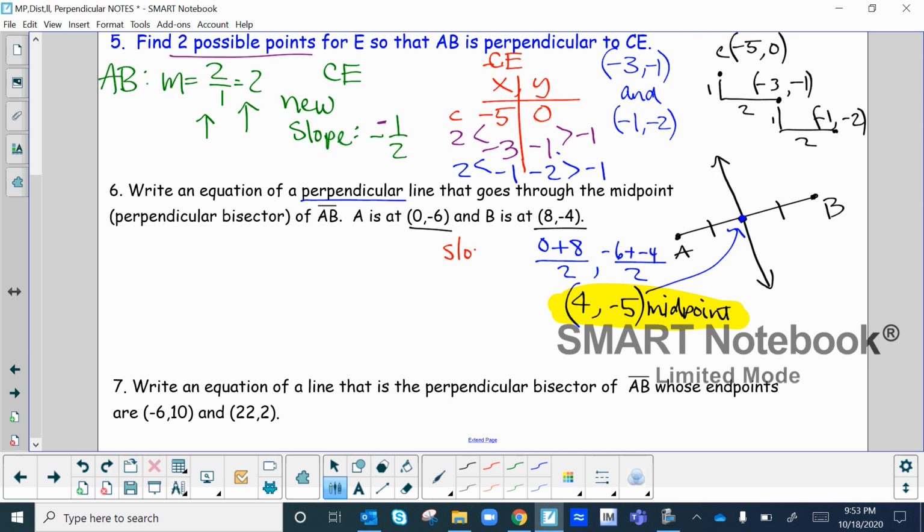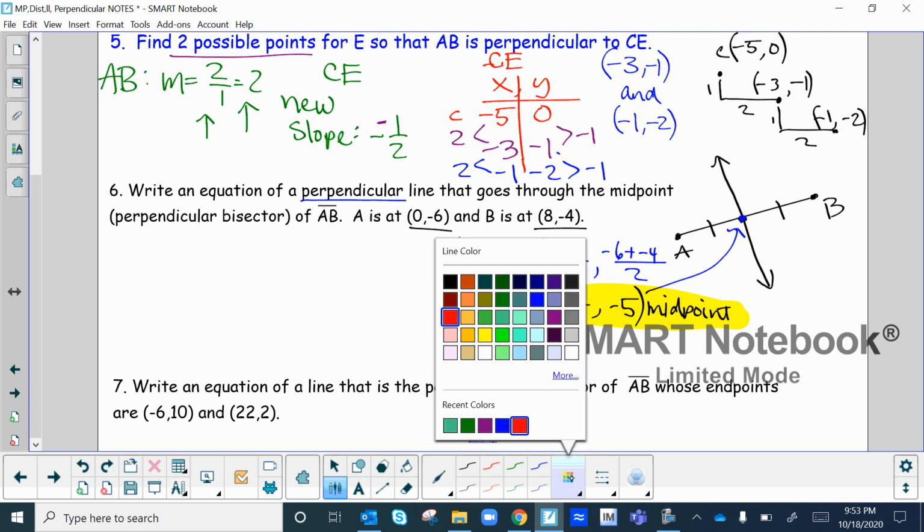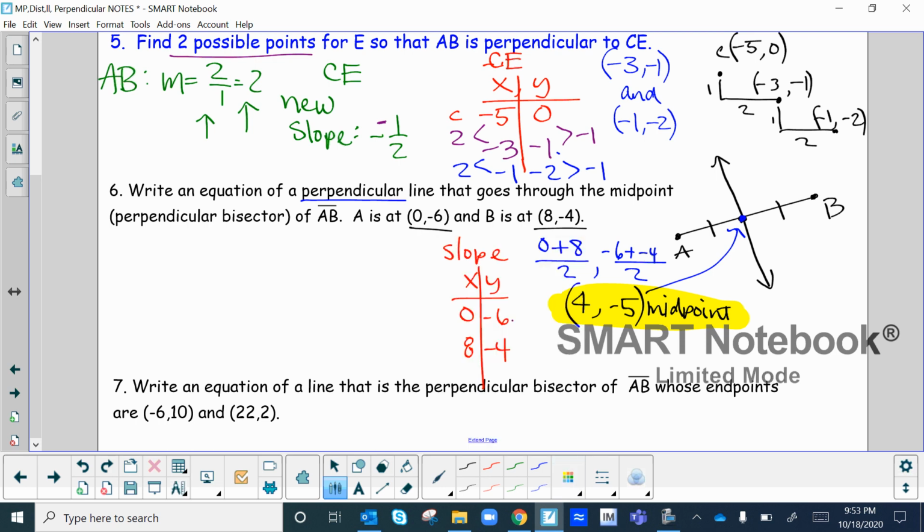So the slope of our old line is, and I like to do the little table because it's a little bit easier. So 0, -6, 8, -4. So let's see what the change is. The change in y, if it goes from -6 to -4, that means it went up 2, okay? And then the change in x, it went up 8.